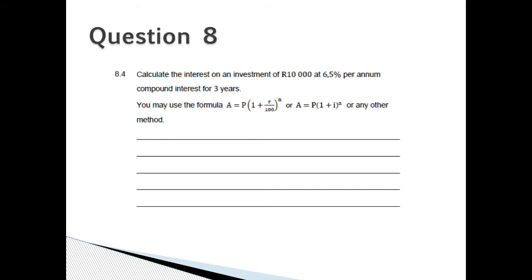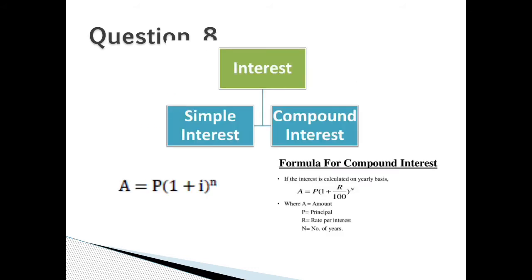You may use the formula A is equal to P, brackets, 1 plus R divided by 100, close brackets, to the power n, or A is equal to P, brackets, 1 plus i, close brackets, to the power n, or any other method. When we need to calculate interest, we need to see whether we will be doing simple interest or compound interest.